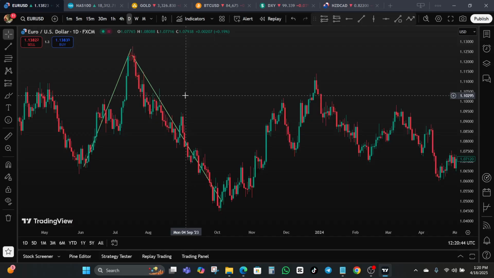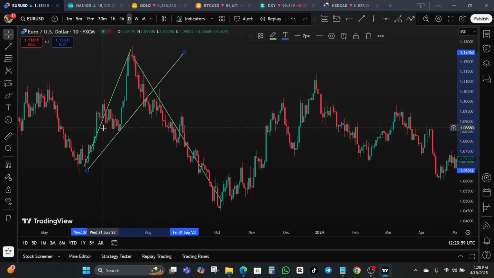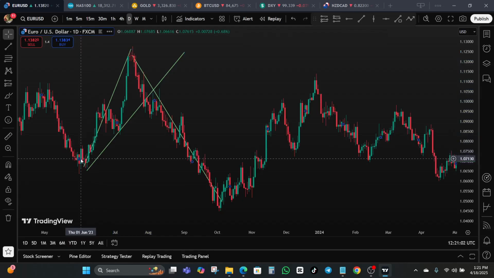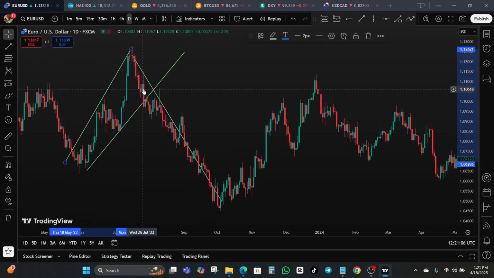So the key here is confirmation. A single candle or a strong move is not enough. You have to look for a change in structure backed by momentum. When I talk about change in structure, you look out for a breakout from that bullish structure. Maybe we were having higher highs and higher lows before. You have to look out for a change of character, a break of structure.